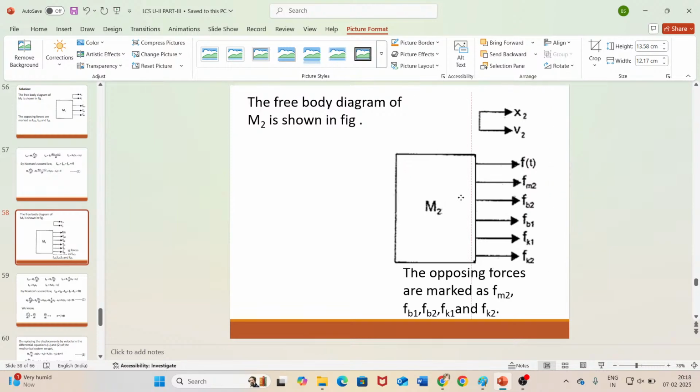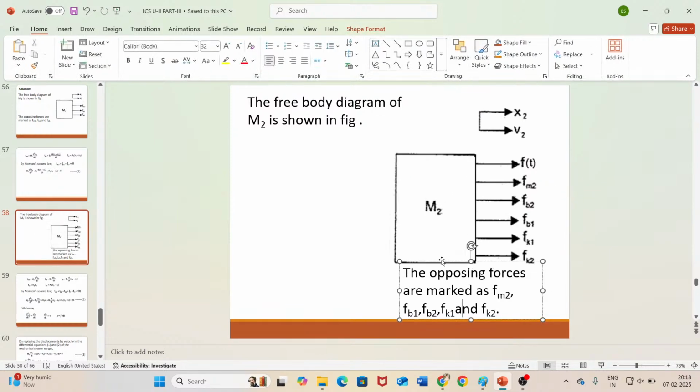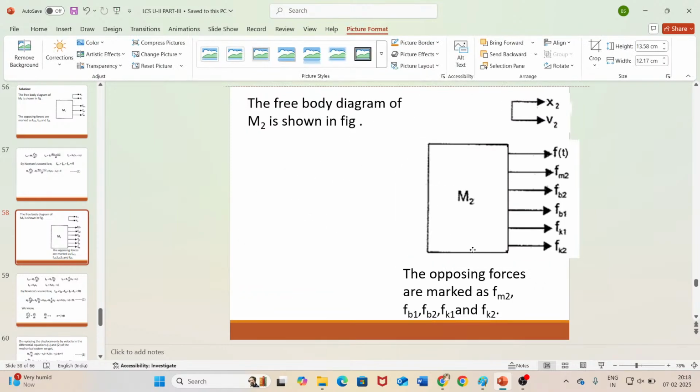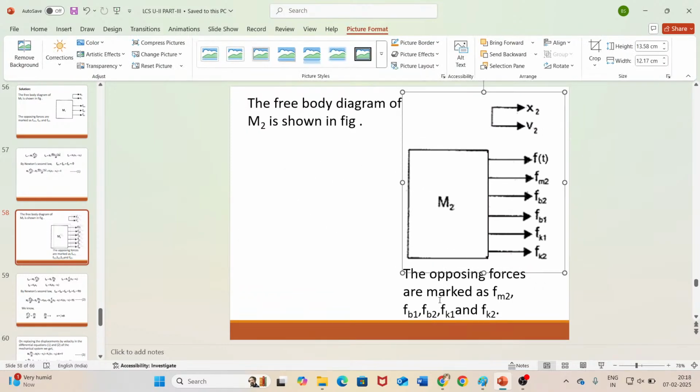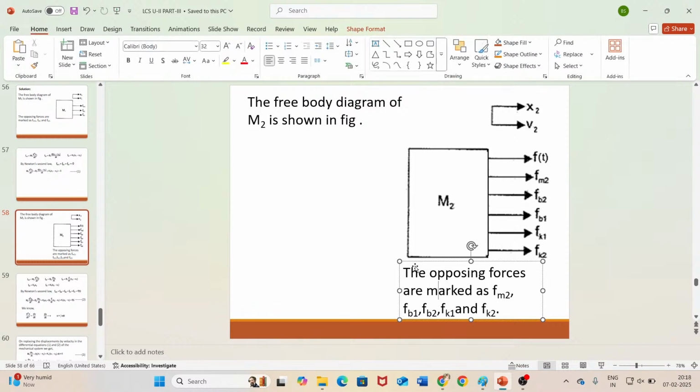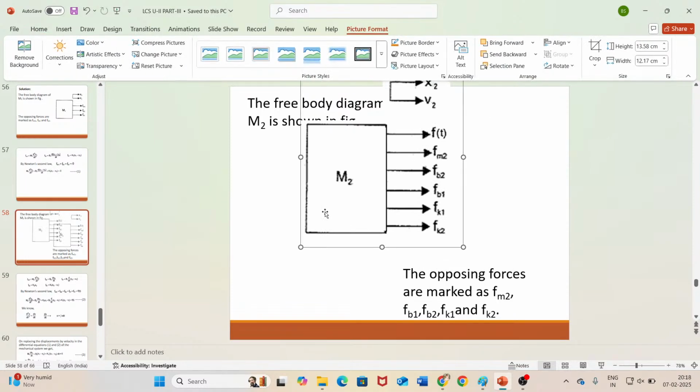So this is it. In the earlier diagram, somehow the displacement and velocity terms were deleted. I didn't notice that. I have added it.